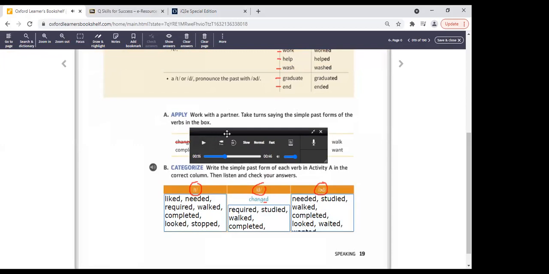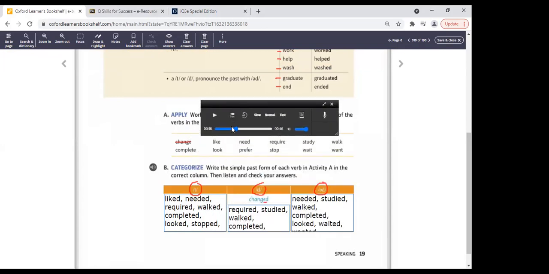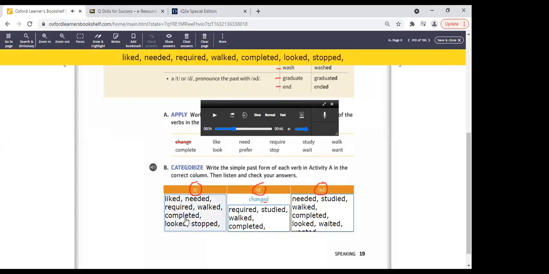Stopped. Stop. Where's the rest of them? Looked. Okay, looked. Yeah, looked was also T. So it's not ED.